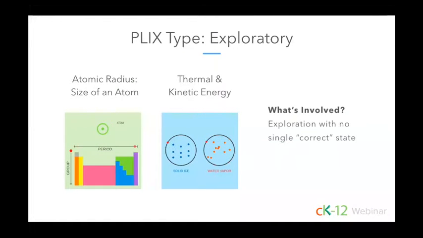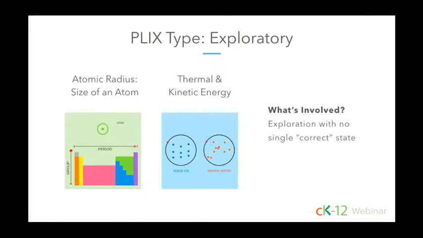So this first type is exploratory, and exploratory PLIX have no correct state. So if you see in this first one on the atomic size and radius of an atom, as you're moving up and down groups and across periods in the periodic table, it changes the size of that atom. And so they're really just exploring what that means as they work within the periodic table.